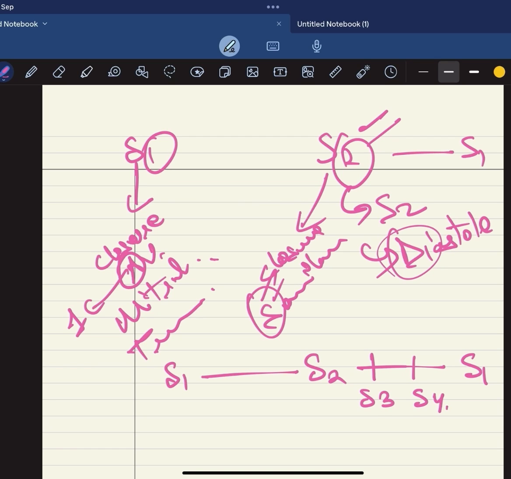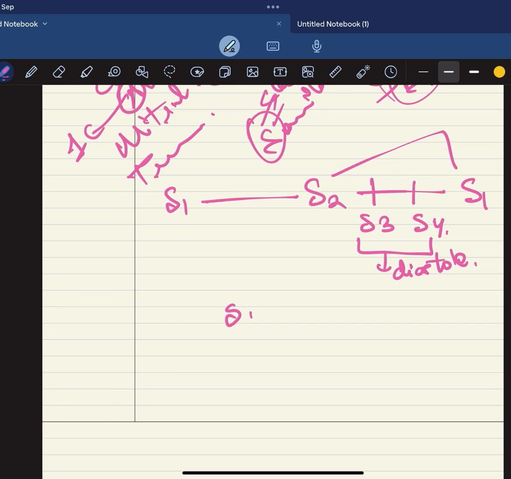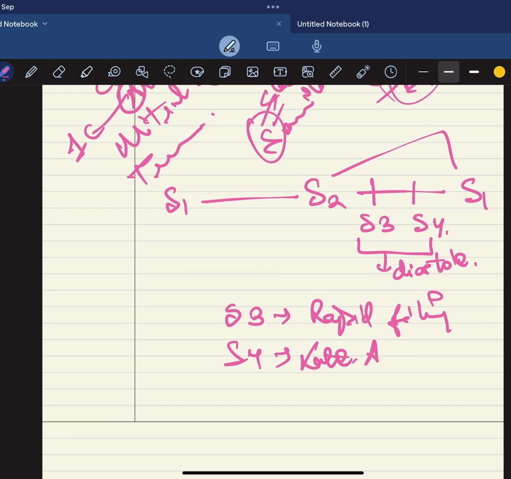Both S3 and S4 are diastolic, since they are coming between S2 and S1. The S3 is for the rapid filling, and the S4 is for late atrial contraction.